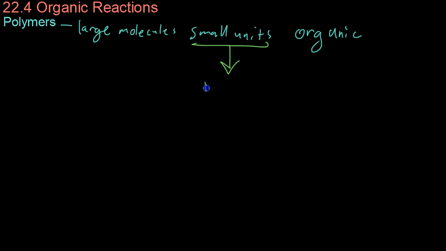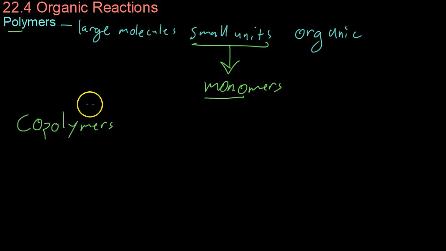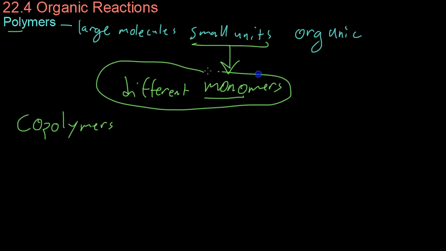They're called monomers, so mono meaning one, and poly meaning many. You combine many single monomers to form a polymer. As a last vocabulary note, a copolymer is basically just a polymer formed from different types of monomers.